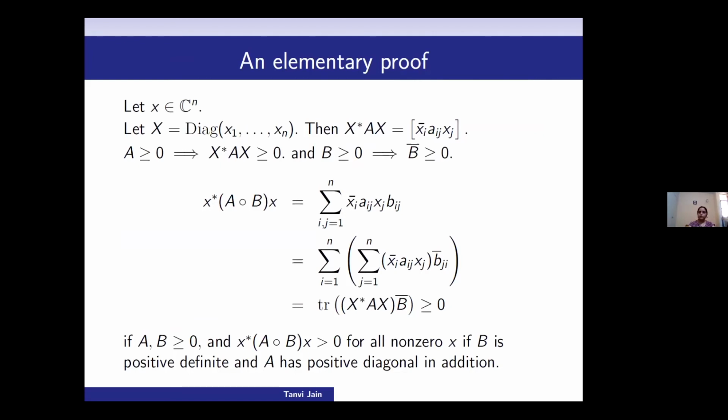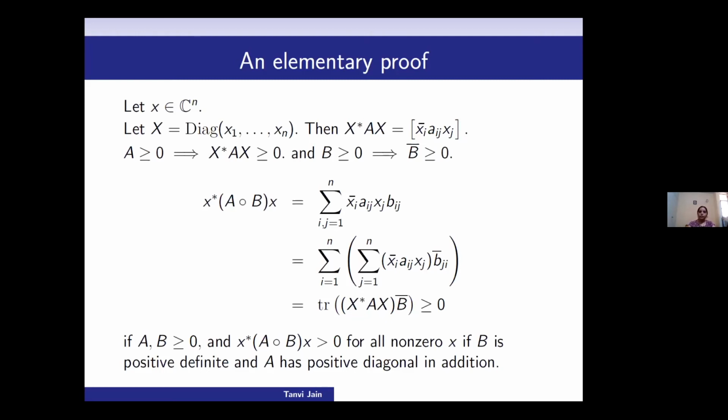If A and B are positive semi-definite, then a_ij will be the conjugate of a_ji, b_ij the conjugate of b_ji, and A∘B will obviously be self-adjoint or Hermitian, whatever you say. So we are interested in looking at x*(A∘B)x, where x is a vector, small x. Now what we do is we consider capital X to be the diagonal matrix diag(x1, x2, ..., xn).